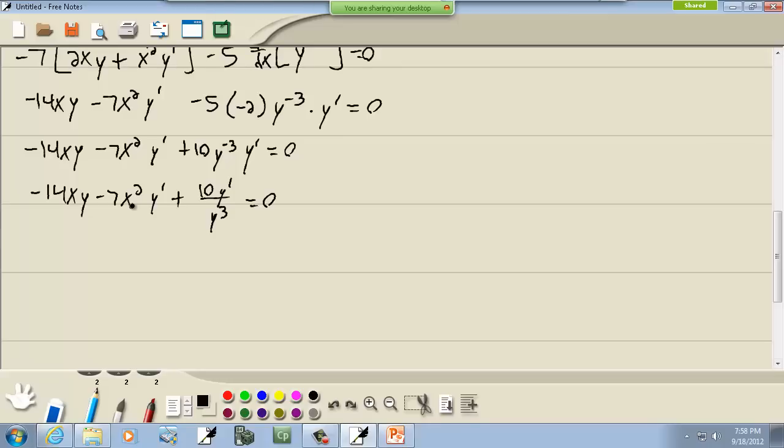Now we want to solve for y prime. And always when you're solving anything, your first step is to get rid of fractions. So we'll multiply everything by the LCM of all our denominators. We only have one denominator, the y to the third. So we're going to multiply everything by y to the third. When I say everything, I'm talking about what's separated by pluses and minuses and so forth.